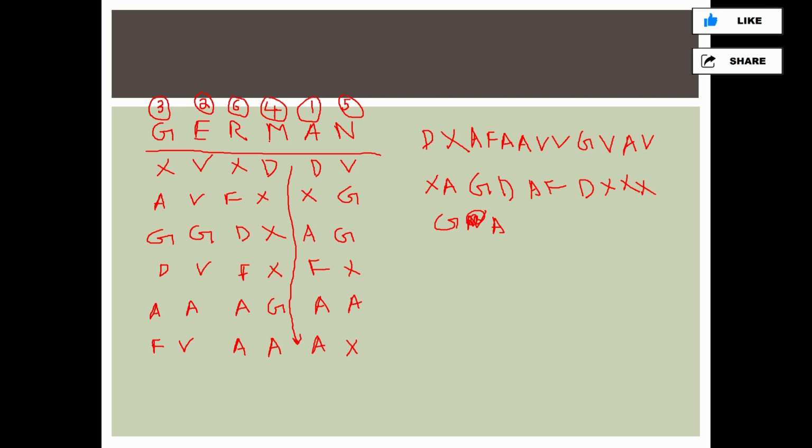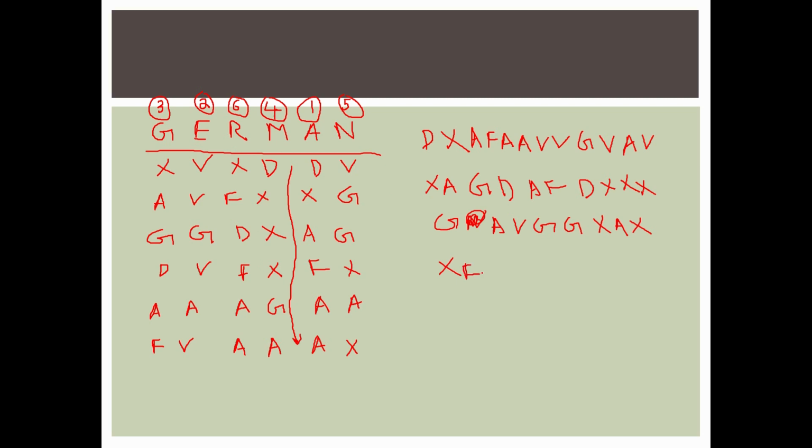And under N we have VGGXX. And finally under R we have XFDFAA. Okay, so basically this is our final encrypted text, which we were trying to find out.